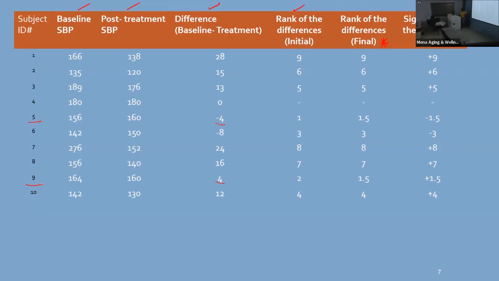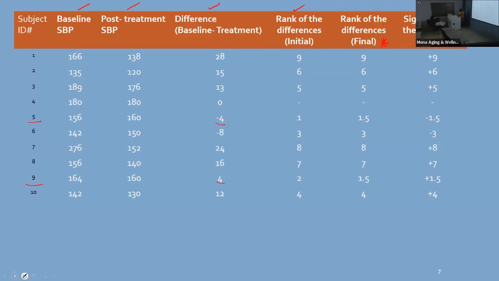So how do you determine which one gets number 1 or number 2? It doesn't matter, because we're not looking at the signs. I just put it there. At the end of the day, they're going to have the same rank. So it really doesn't matter.